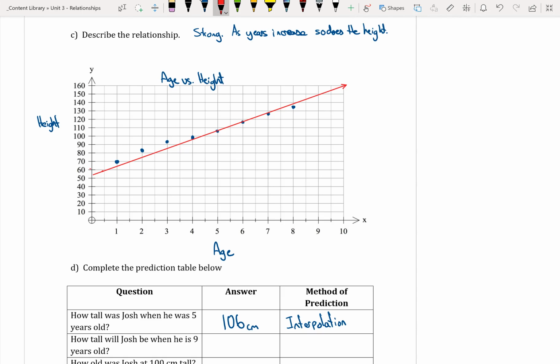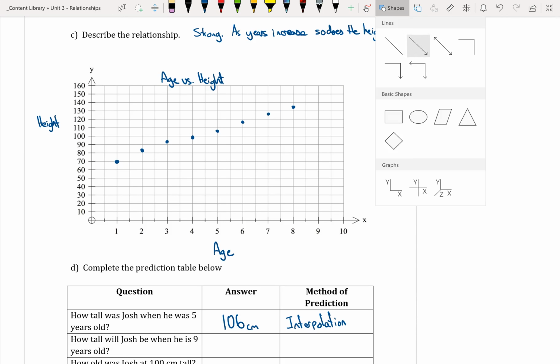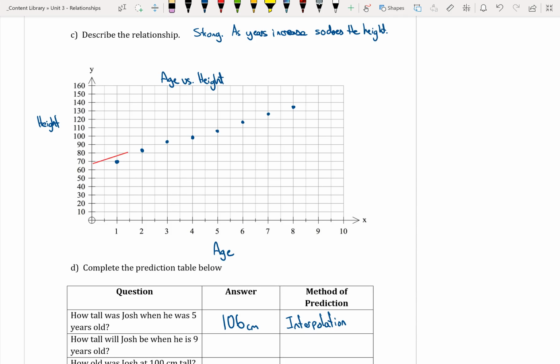You want to try to use a straight line as much as you can. So I definitely recommend getting a ruler to help you with this. Because again, if it's not exactly straight, then it is difficult to get an exact value. So I'd say that's close enough.